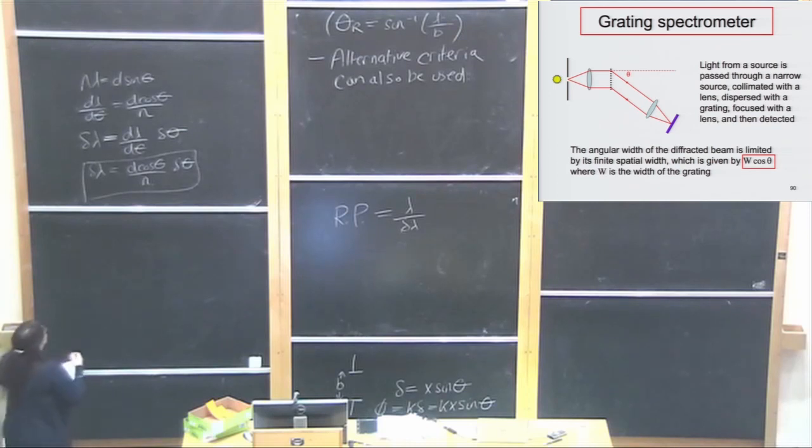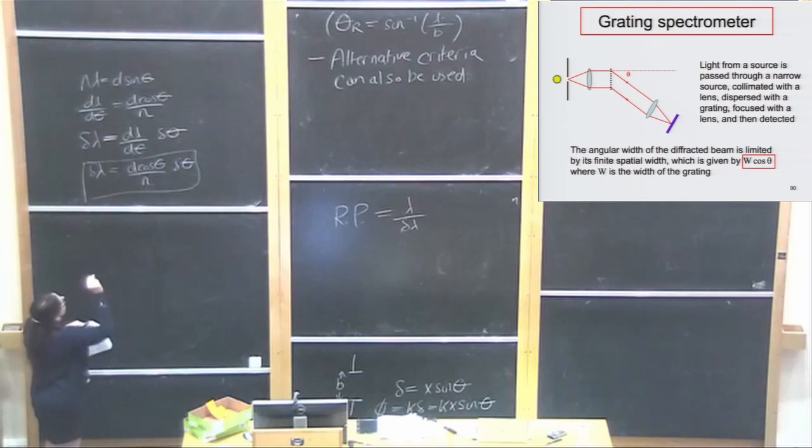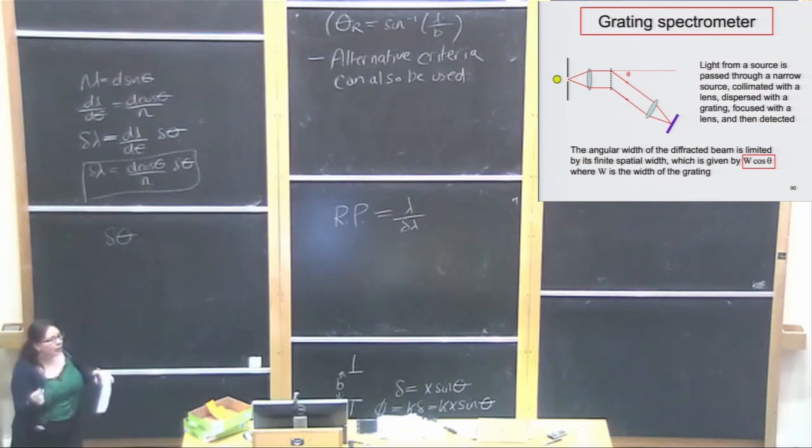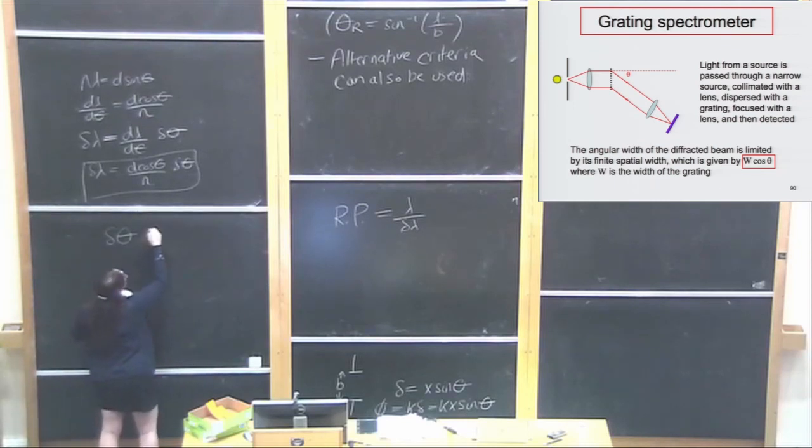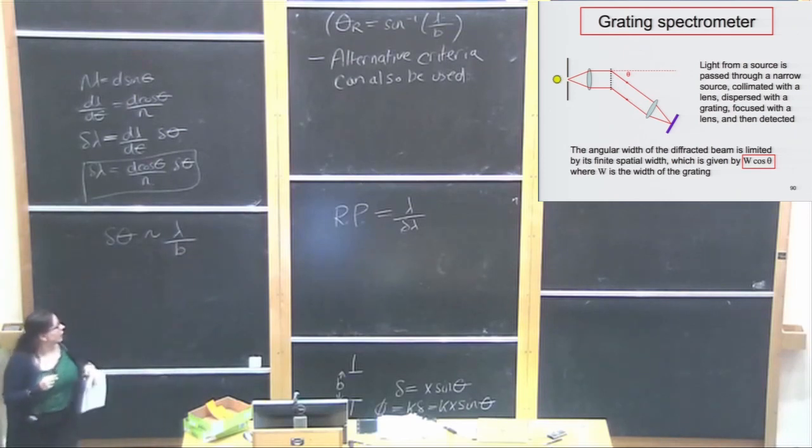So this is the dispersion caused by a diffraction grating. We want to calculate delta theta, our limiting angular resolution, and we know from our arguments on the single slit aperture that it's going to go something like lambda over b. That's our limiting angular resolution.